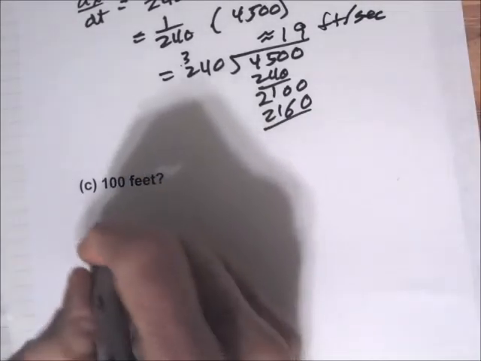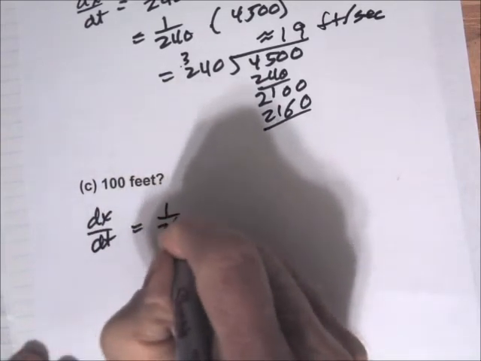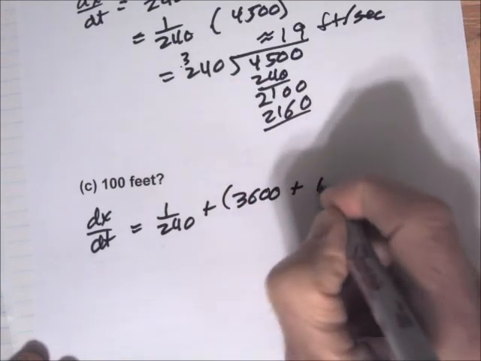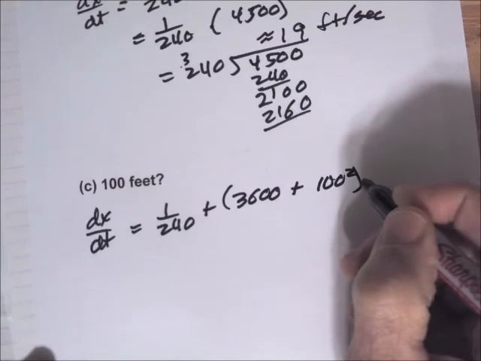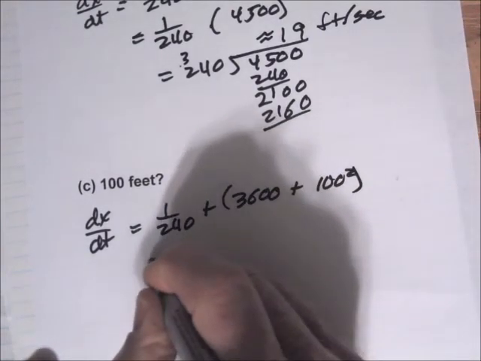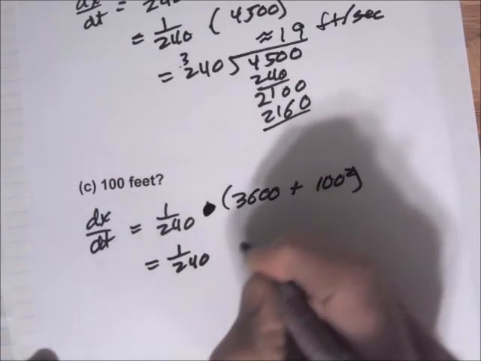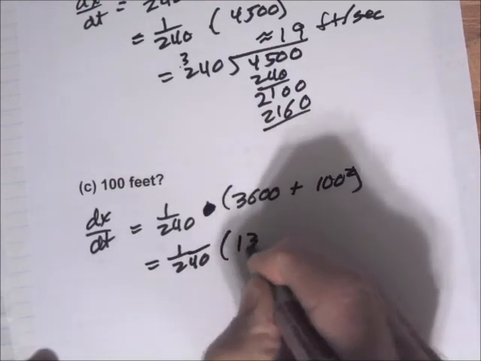Okay, if the length of the shadow is 100 feet, dx dt is 1 over 240 times 3600 plus 100 squared. 100 squared is 10,000, so this would be 1 over 240 times 13,600.